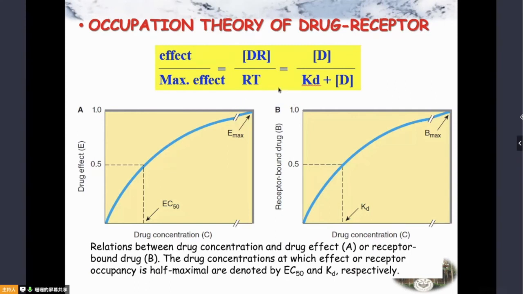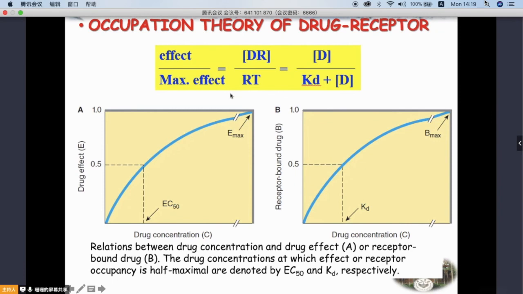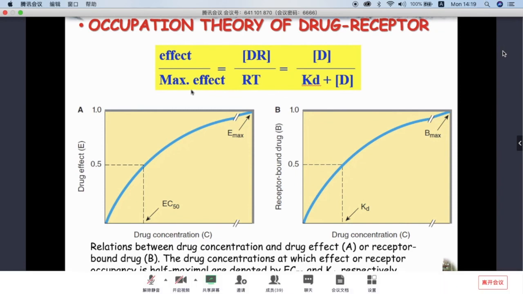Okay, we have mentioned that drugs have their effect through binding to the receptor. So there is a theory called the occupation theory of drug receptor, which means the drug receptor complex can have effect. So this DR means effect. And if the total receptors are occupied by the drug, it can have the maximum effect.